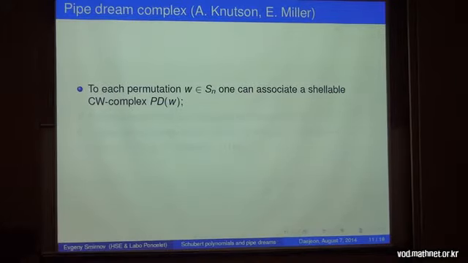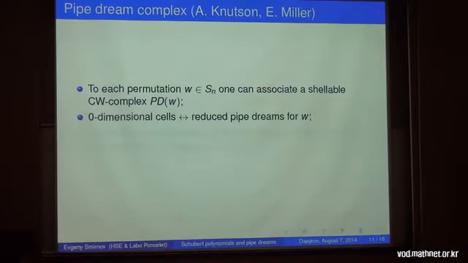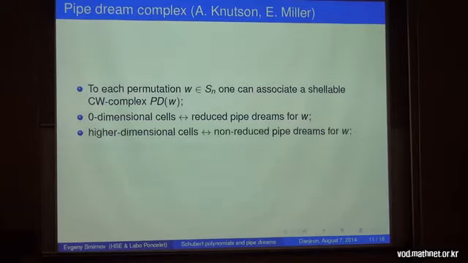To each permutation, you can associate a CW complex PD of w. Its zero-dimensional cells correspond to reduced pipe dreams for w, and its higher-dimensional cells correspond to non-reduced pipe dreams. I won't tell you what they are now, but still.